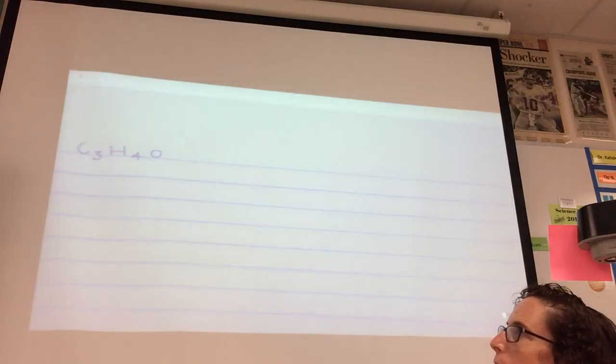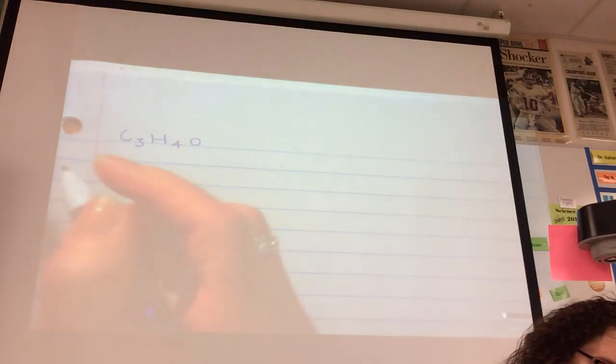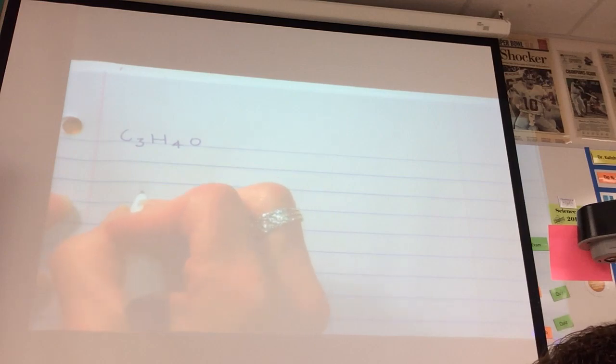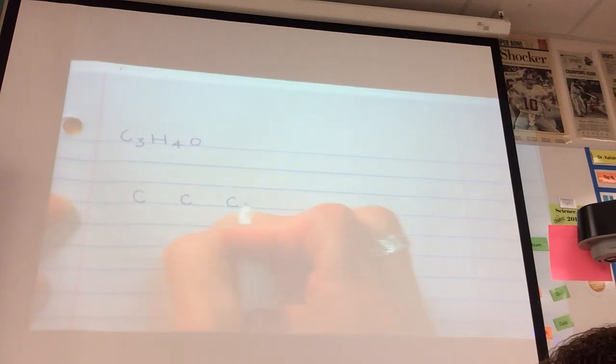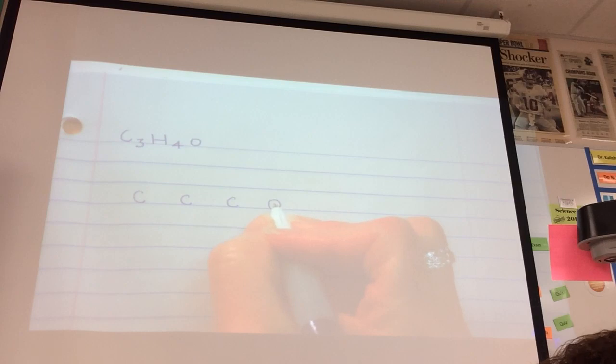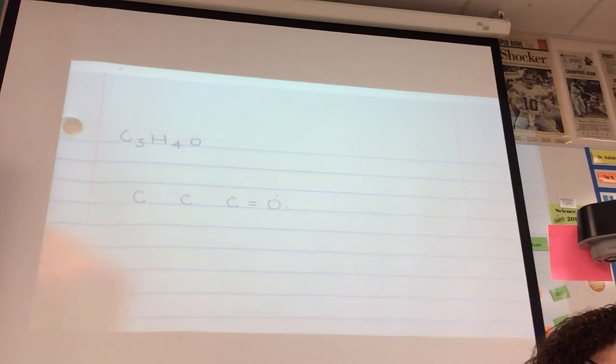C3H4O, and you can draw many different isomers. Remember that isomers are not mirror images. You must move something, not just flip the molecule over. There are probably many possibilities here.